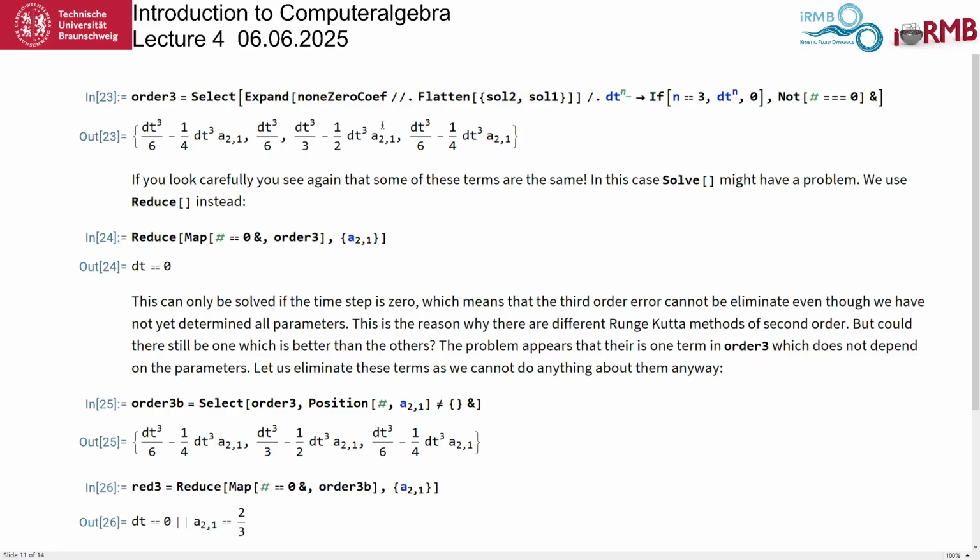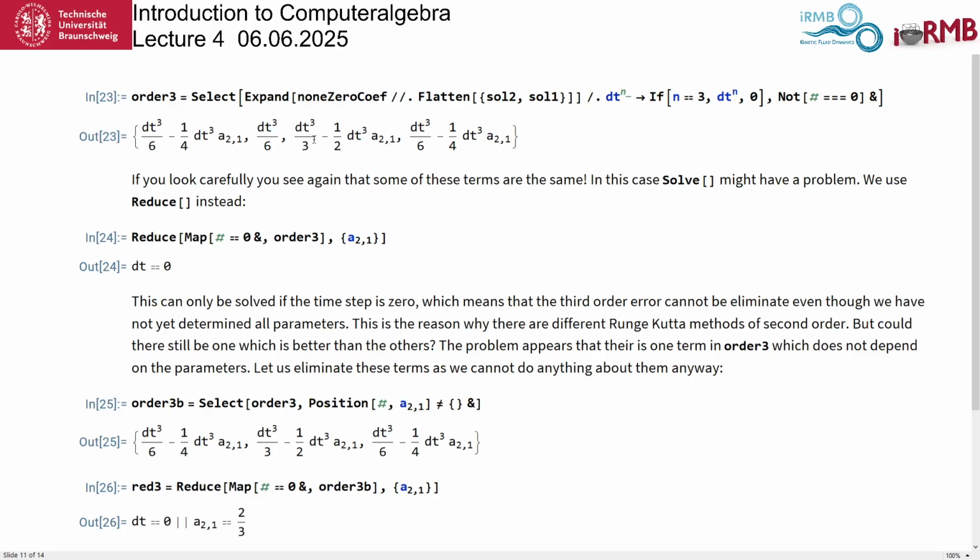So the problem is, if you now go to order 3, you get 3 equations out, and they are now no longer all the same. Let me see. Some of them are compatible.